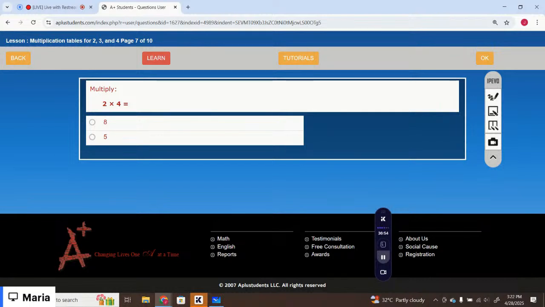Two times 4, which is the correct option. 2 times 4 is 8.